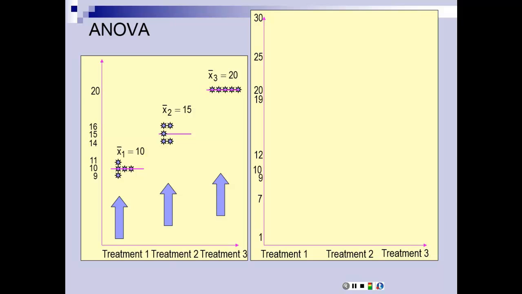So what we're really looking at is 2 things, and you'll see a ratio. We're going to look at the difference between these 3 means. It's going to be called mean square treatment, but it's just how far apart are the means.